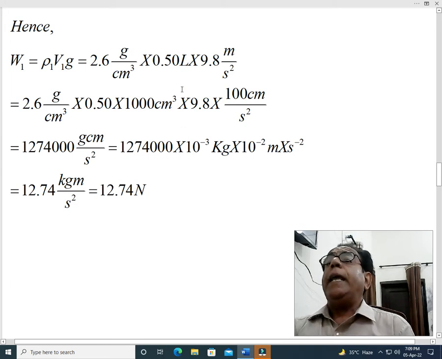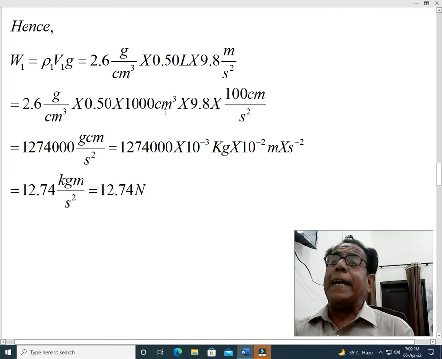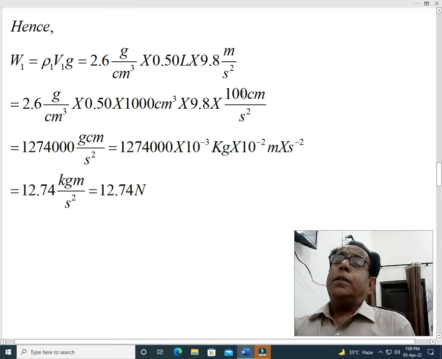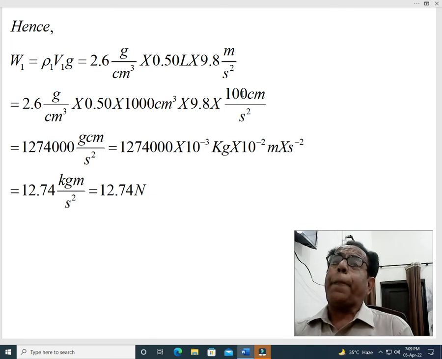Here, as liter is converted in terms of centimeter cube, so here again we have converted meter into centimeter, because we know that 1 meter is equal to 100 centimeter, okay? I think it is quite clear, no doubt.